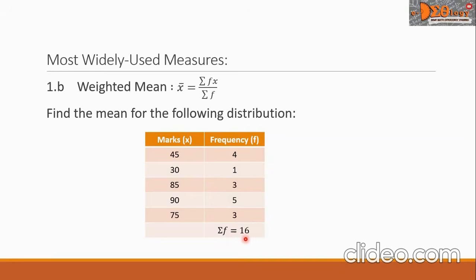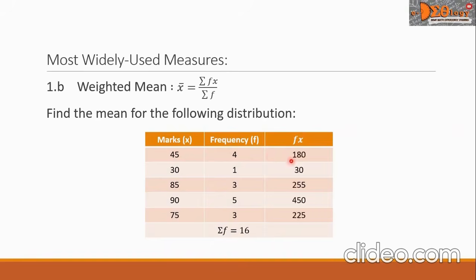The next step, we need another column that says fx. This is the column of the product of the mark and the frequency respectively. It means we're going to multiply the 45 with 4 and put the answer here, so on and so forth.